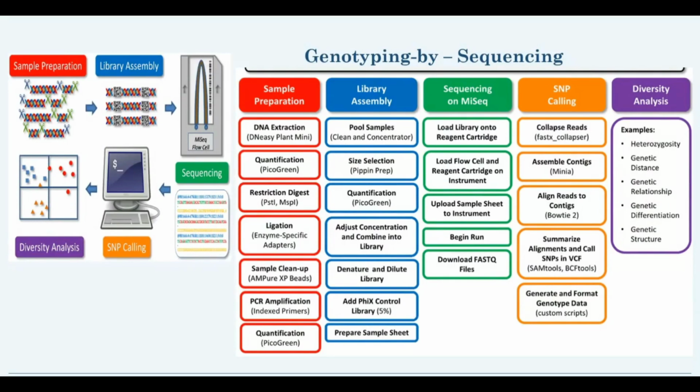So, for example, if you would like to go for genotyping, GBS, genotyping by sequencing, molecular sequencing, and all these things, then obviously the sample preparation is the important part. In the beginning also I emphasized the sample preparation. The entire experiment is based on the sample preparation.